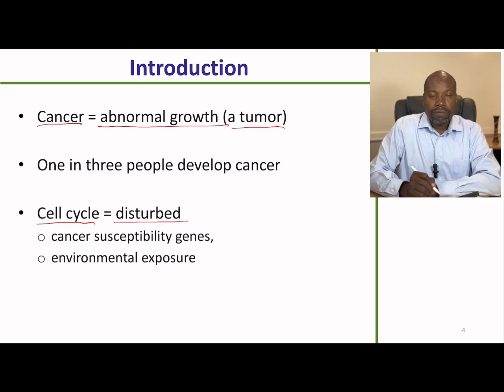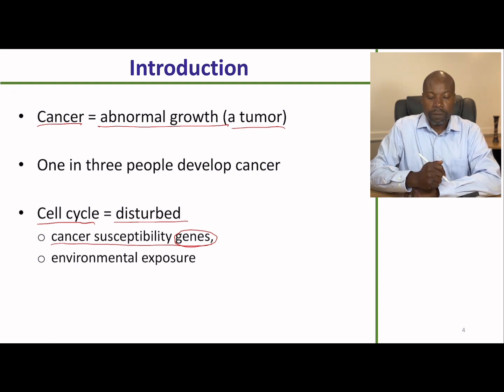So, we have some cancer susceptibility genes, right? Proto-oncogenes, tumor suppressor genes, and environmental exposure. These are the things that are going to stimulate cancer development.